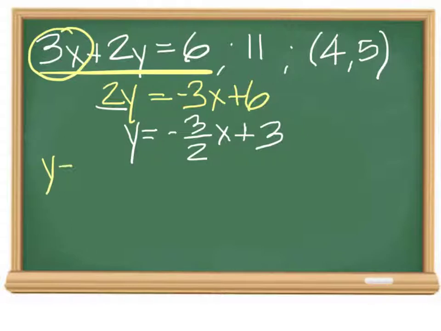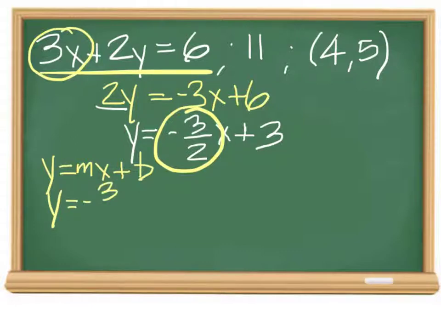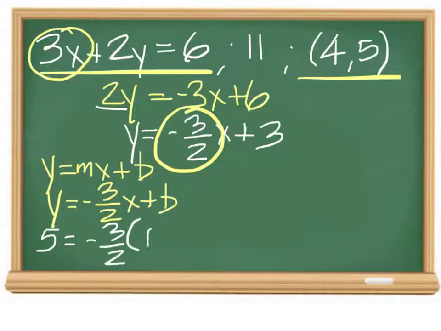So start with y equals mx plus b and insert this slope, and then insert this point, 4, 5. So that would be 5 equals negative 3 over 2 times 4 plus b. And you have to solve for b from there.